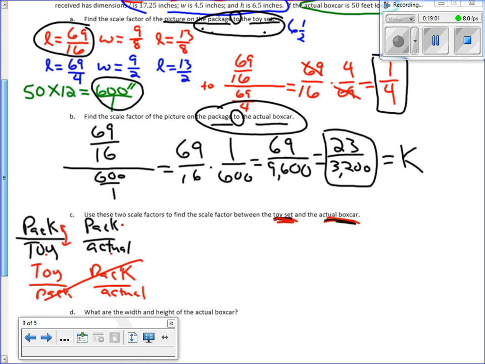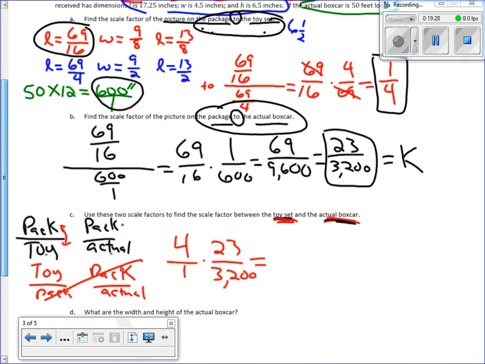So I want toy over pack. Toy set to pack, which would be 4 over 1. I want to flip that, times pack to actual, 23 over 3,200.